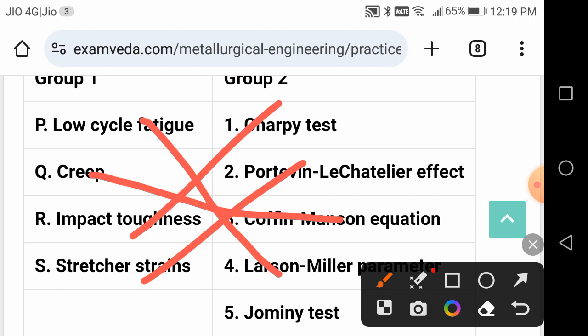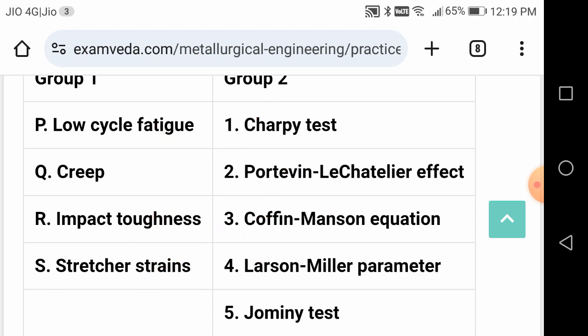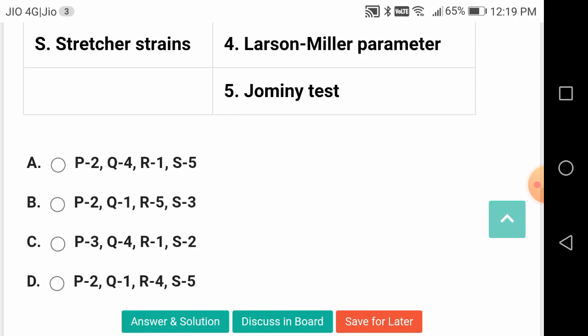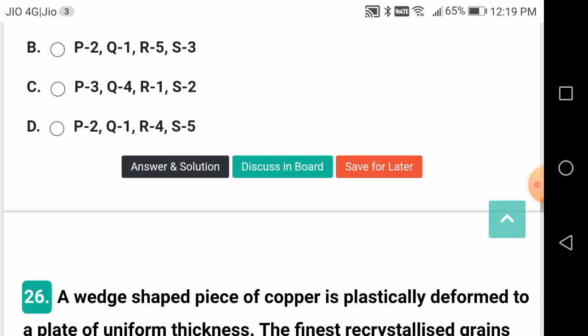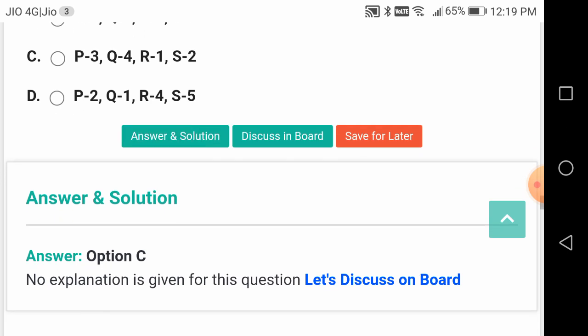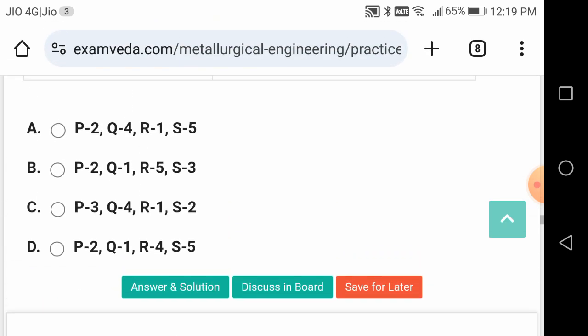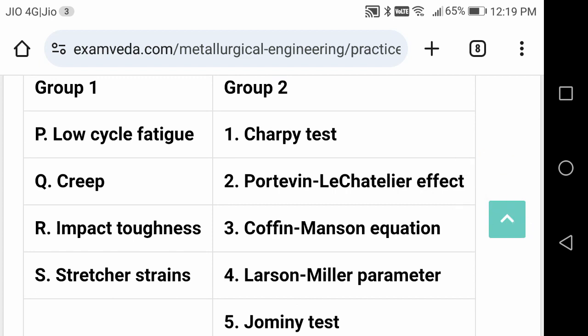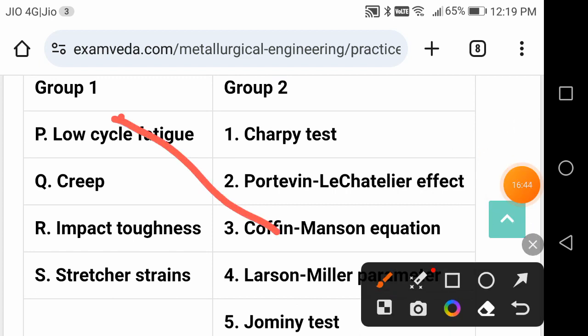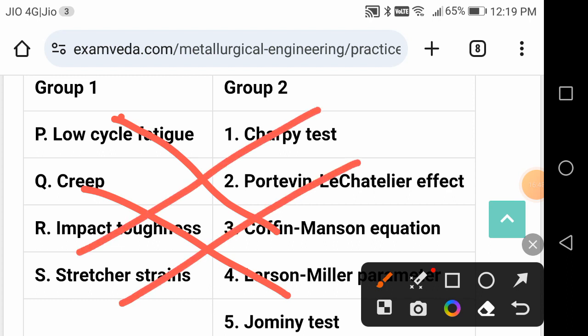Low cycle fatigue, Miller equation, creep, Coffin-Manson equation. So governing equations are there. 3, 4, 1, 2.